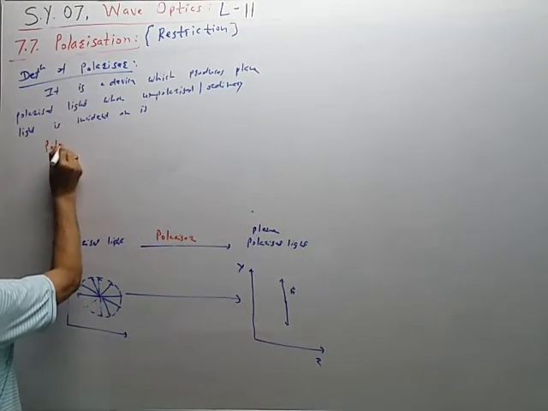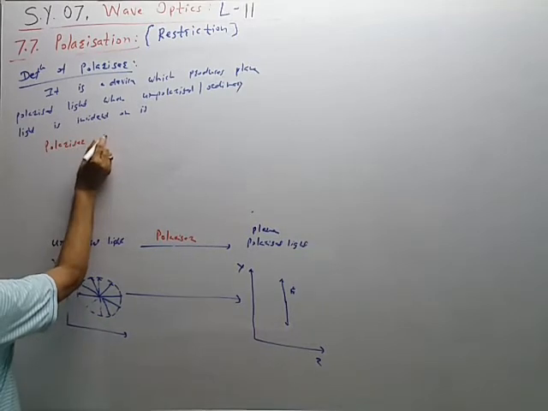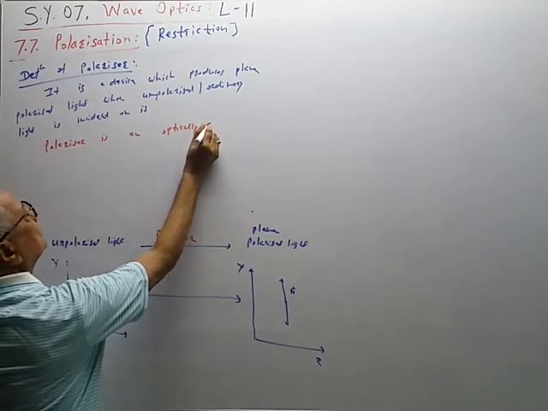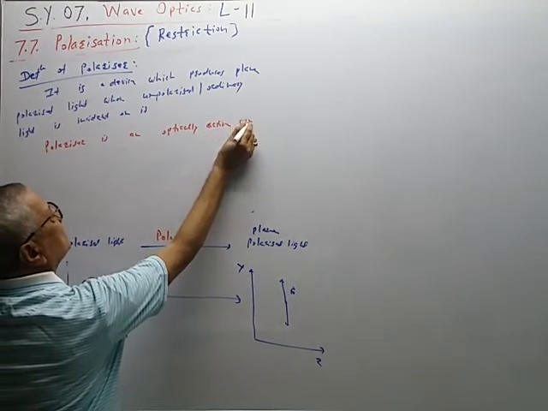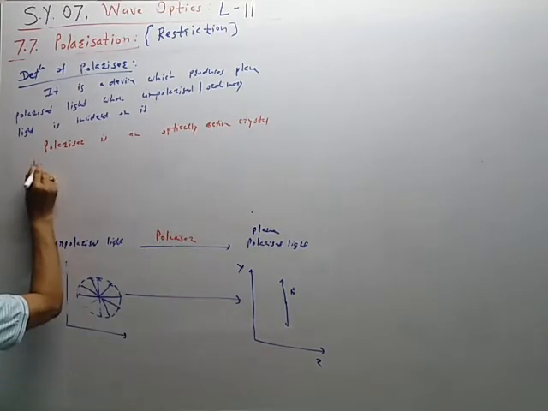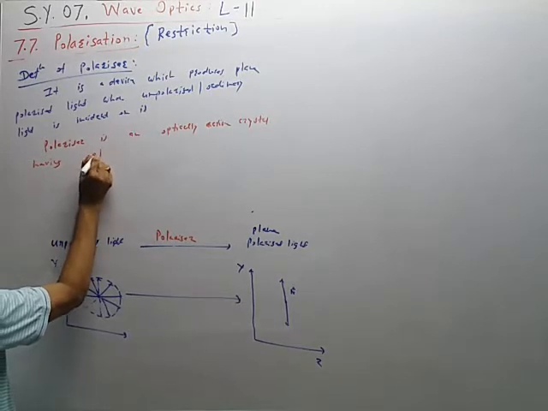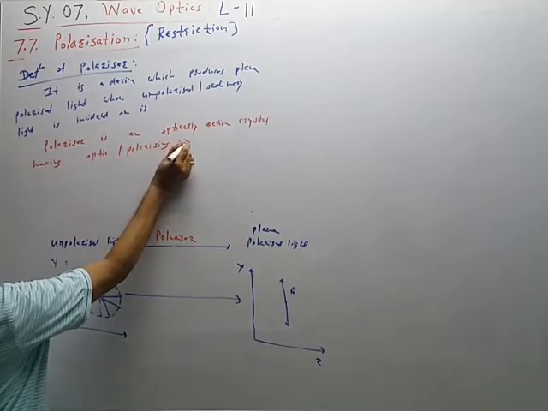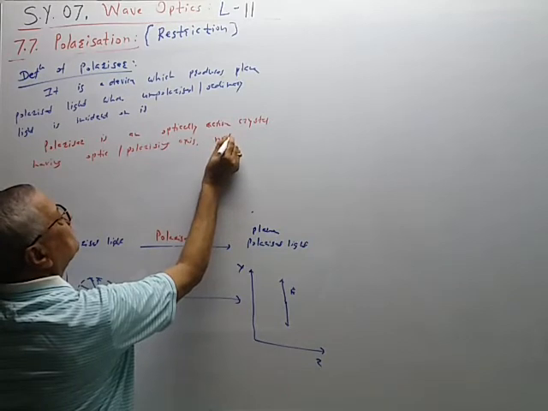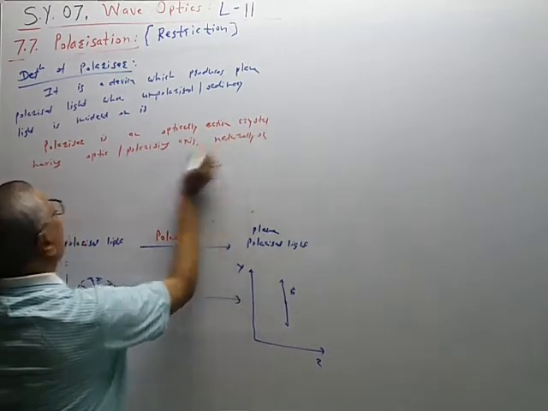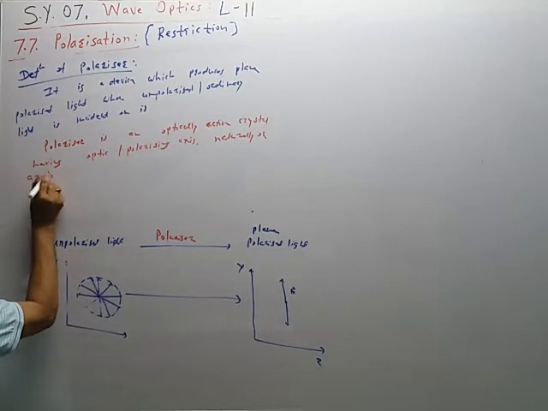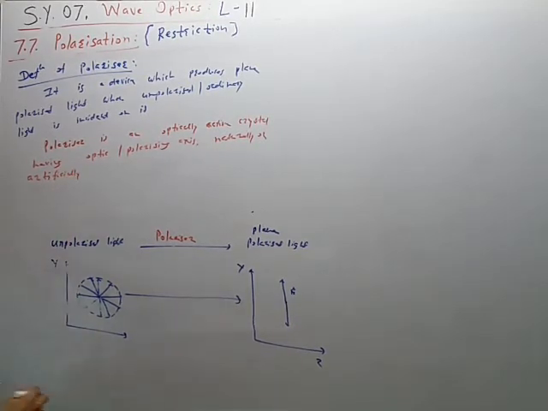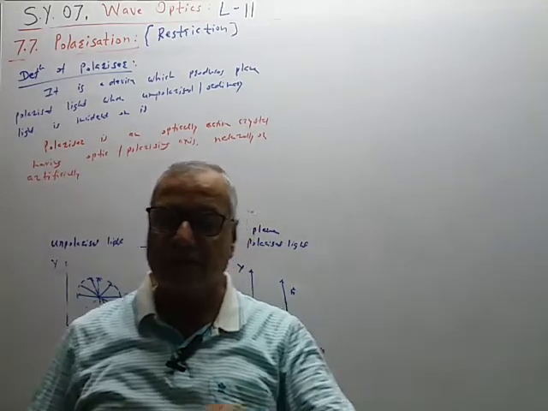A polarizer is an optically active crystal having an optic axis, or it is also called the polarizing axis, naturally occurring or artificially synthesized. So we know the examples: calcite crystal, quartz crystal, etc.